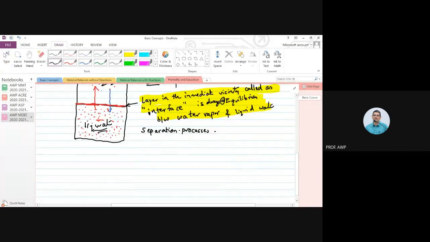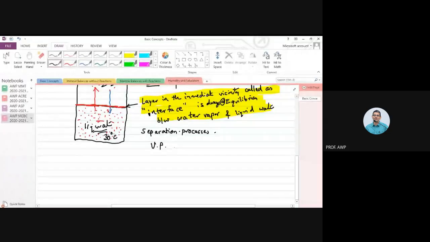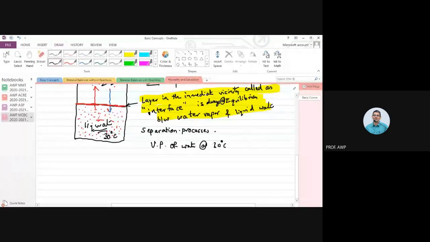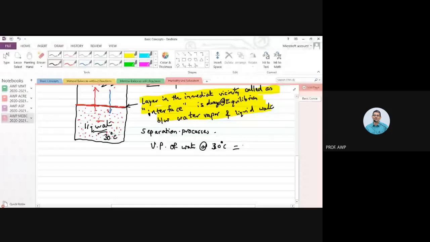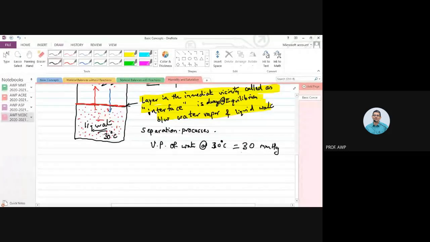So if I take this water at 30 degrees centigrade, and let's say vapor pressure of water at 30 degrees centigrade is say 30 mmHg. Let's just make that assumption just now. We will actually calculate what this vapor pressure is.